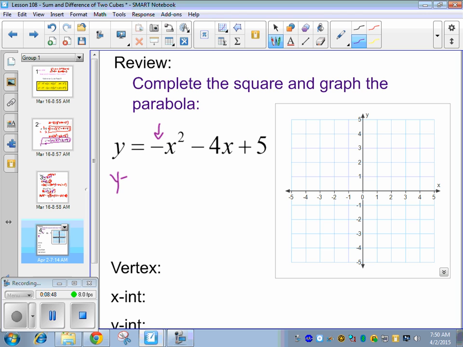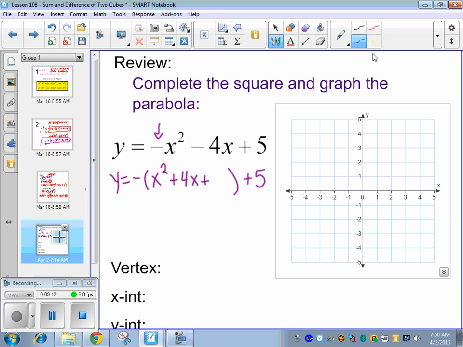So I have y equals negative. This becomes a positive x squared and a positive 4x, and we put plus a space. And do we change the sign on this number here? No. Okay, plus 5 goes here. Third term always moves over and always stays the same sign.